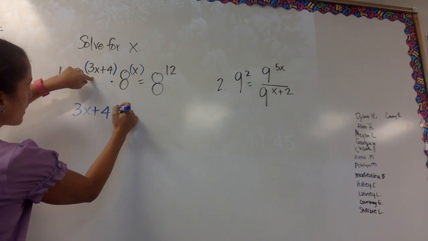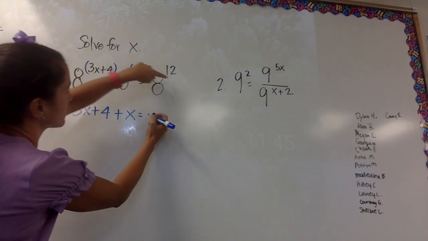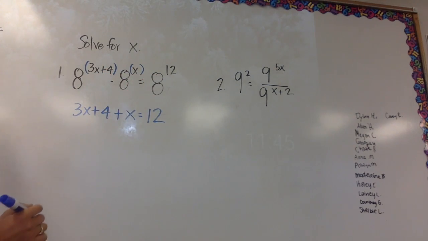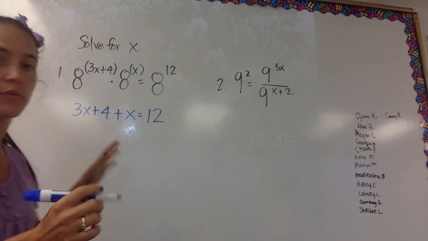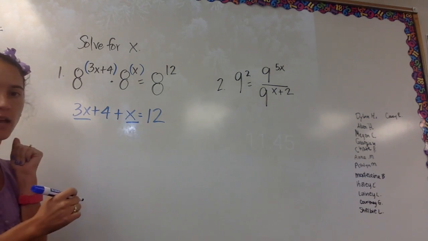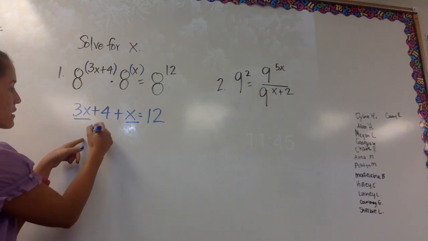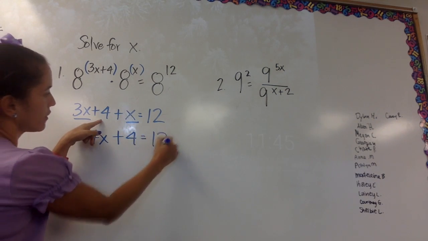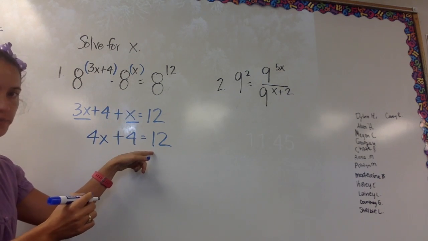3x plus 4 plus x is equal to 12. Just like over in these examples on the other side where we were adding our exponents. I'm going to combine my like terms. 3x plus x is 4x, plus 4 is equal to 12.